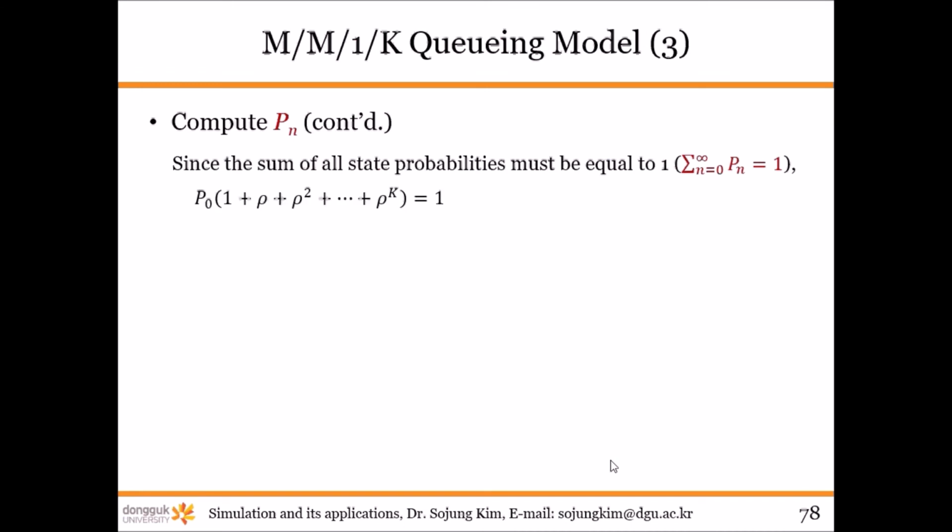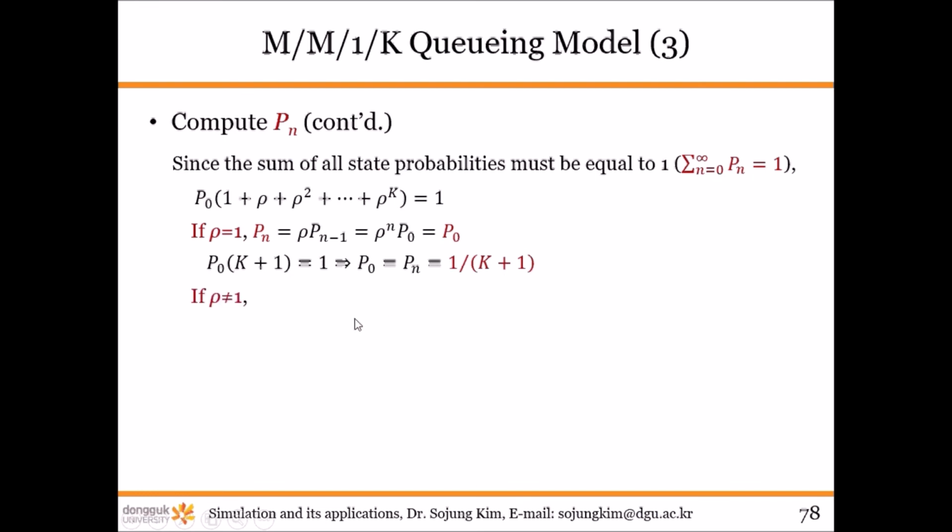Anyway, let's compute P_n. Since the sum of all state probabilities must be equal to 1, according to the definition of probability, the summation of all these values should be 1. If rho equals 1, then this becomes P_n equals P_0.